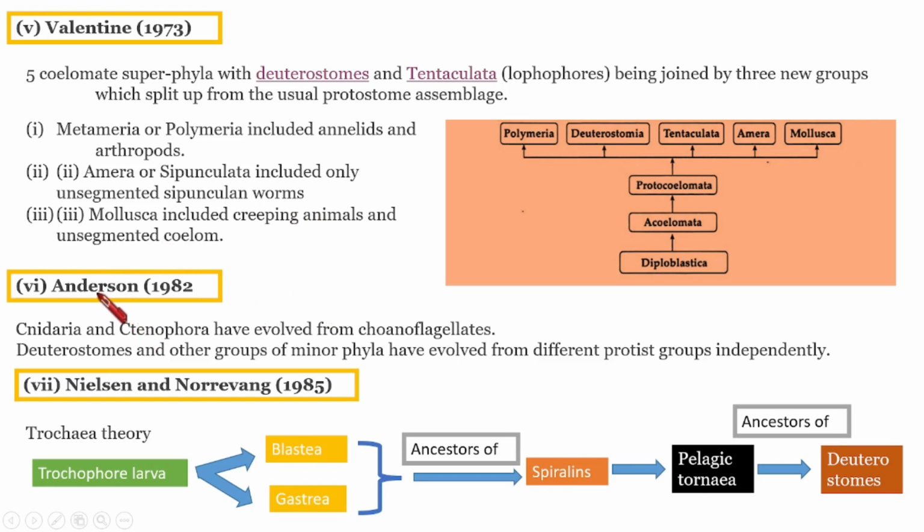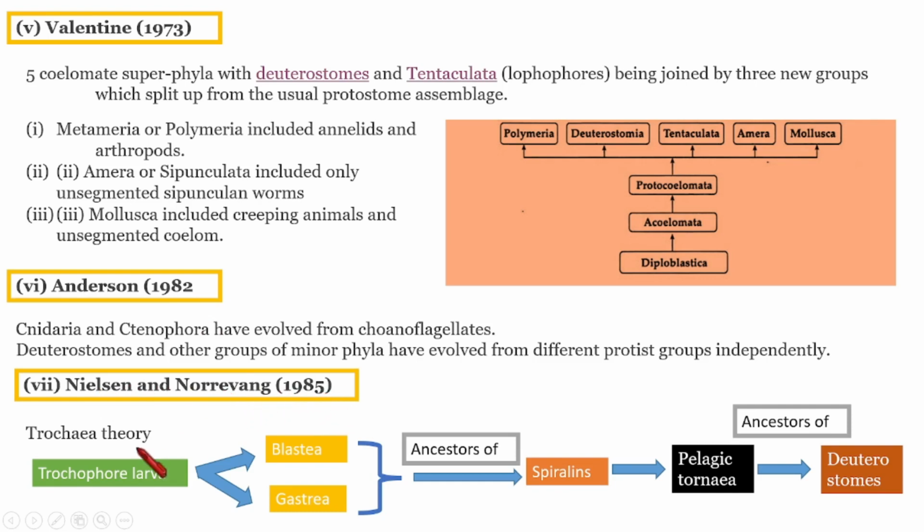And the next is Anderson. According to his concept, the Cnidaria and Ctenophora have evolved from flagellates, and deuterostomes and other groups of minor phyla have evolved from different protists separately. That is Anderson's concept. Last, Nielsen and Norrevang in 1985.